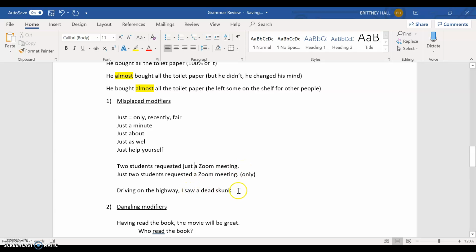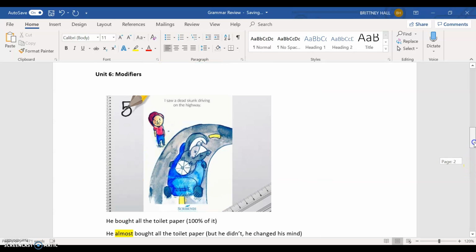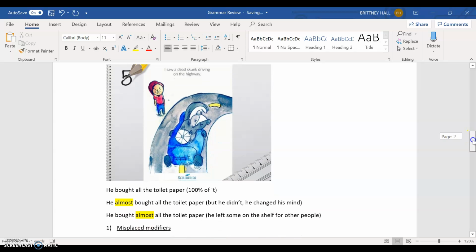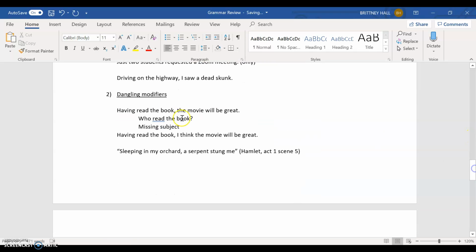And coming back to our sample sentence from earlier, "driving on the highway, I saw a dead skunk." This is a misplaced modifier because the phrase is there, all of the nouns are there, but the order of the sentence makes it confusing. Then we have a dangling modifier, and that's where you don't have all of the nouns in your sentence.